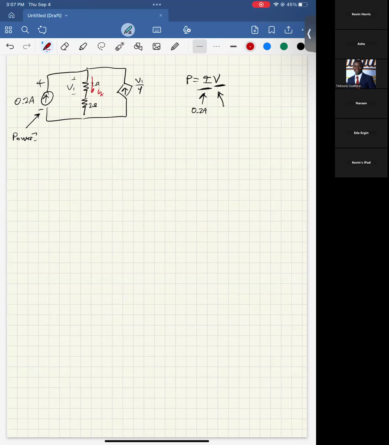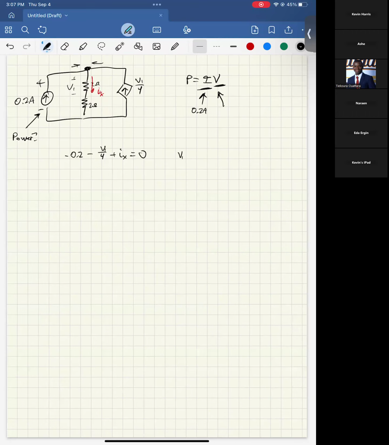So we can say that if we're thinking about this node, since this is going in and this is going in, we would have minus 0.2 minus V1 over 4 plus IX equals 0. So that's one equation. And then we need two equations to actually solve this. And what we can do is we can just define V1.